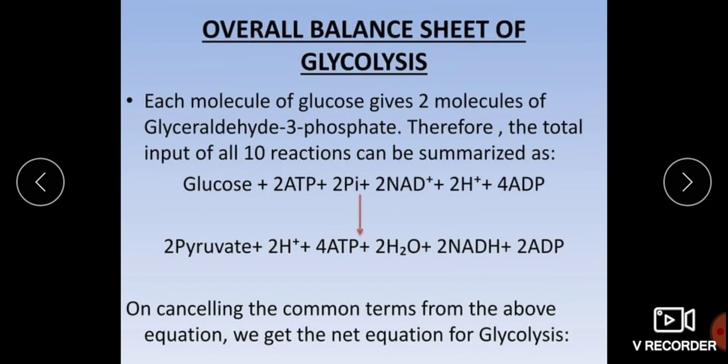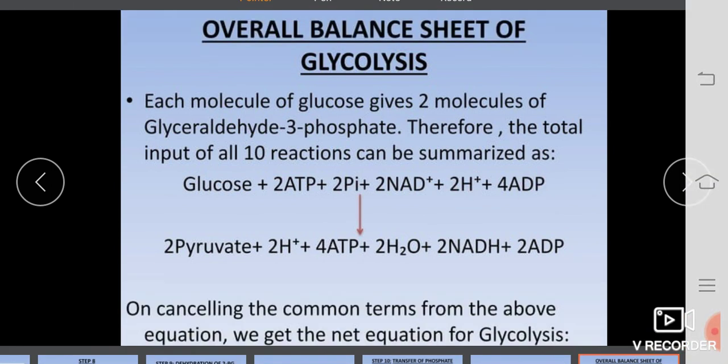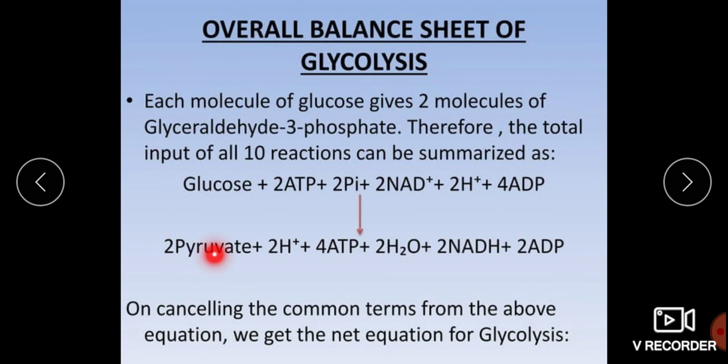Now, the overall balance sheet of glycolysis. In glycolysis, one glucose molecule gives two molecules of glyceraldehyde 3-phosphate. Therefore, the total reaction can be written as glucose plus 2 ATP plus 2 inorganic phosphate plus 2 NAD plus 2 hydrogen plus 4 ADP gives 2 pyruvic acids, 2 hydrogen molecules, 4 ATP molecules, 2 water molecules, 2 NADH and 2 ADP.